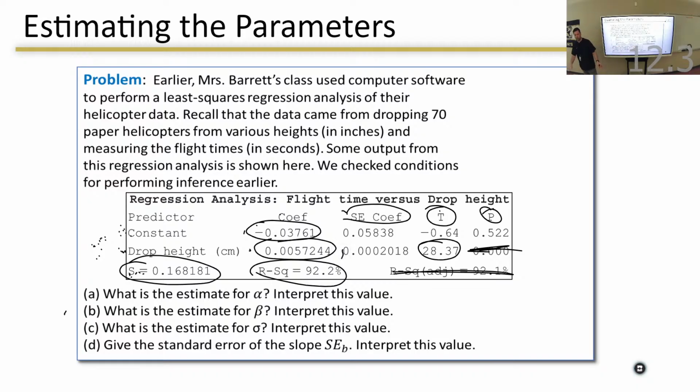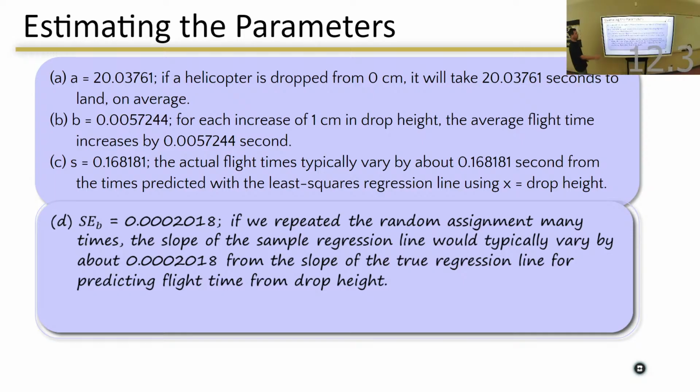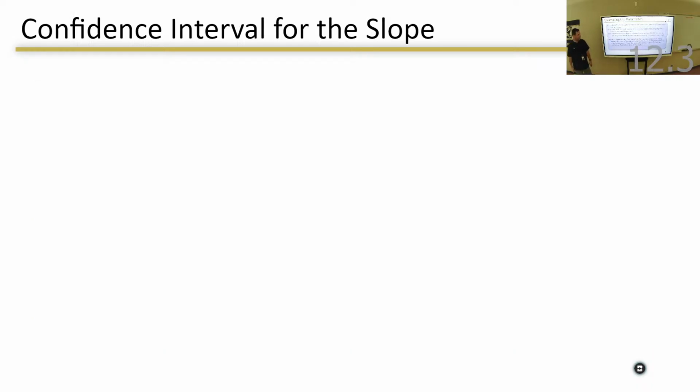They don't care about the y-intercepts for this stuff. I don't think I've ever seen them ask anything about y-intercepts. It's always been slopes. Everybody okay? Here's your A, here's your B, there's your S, there's your S sub B.